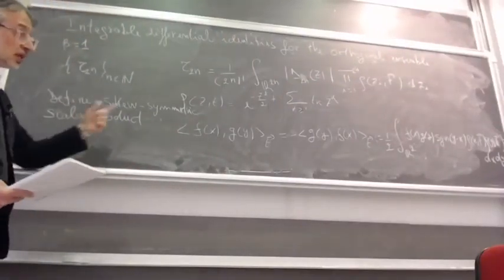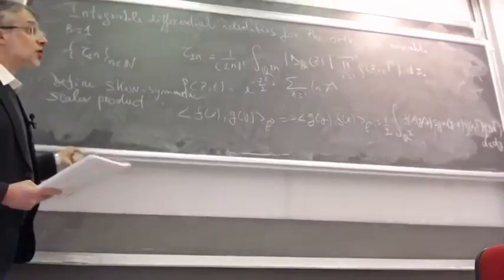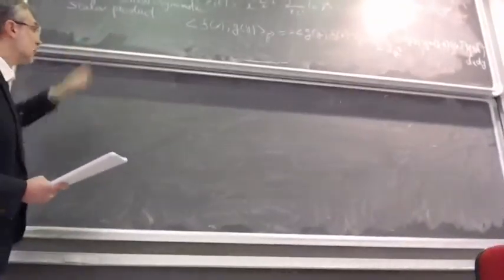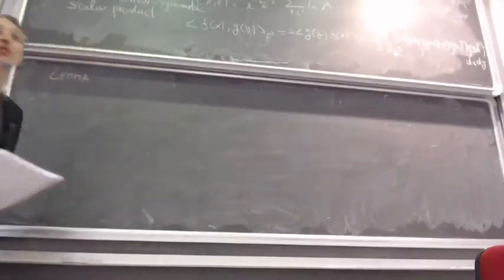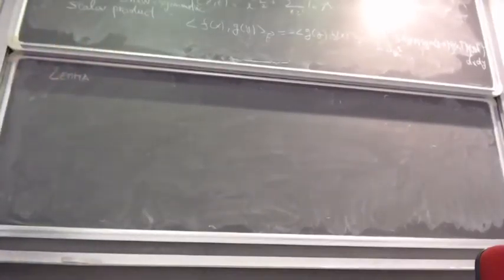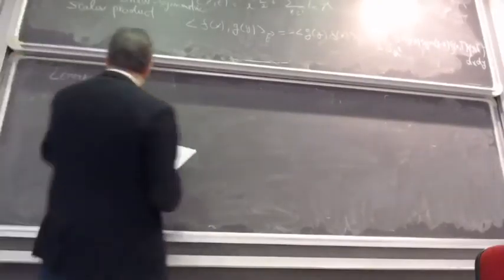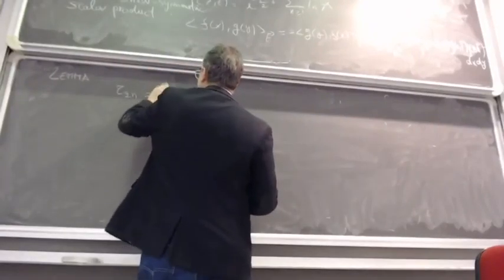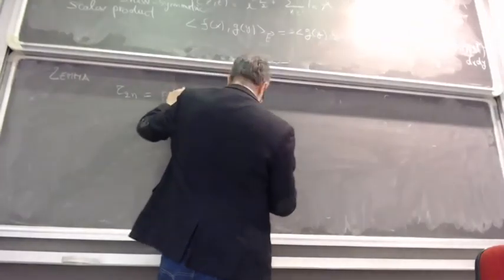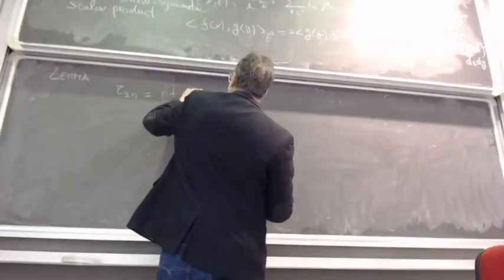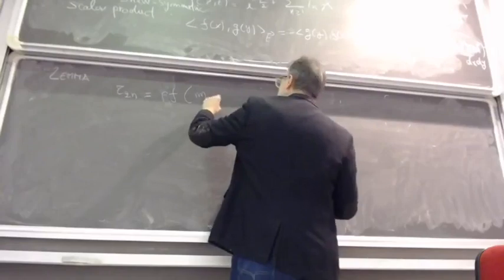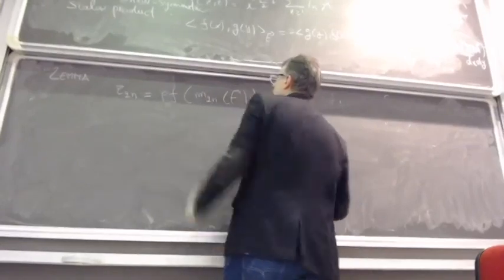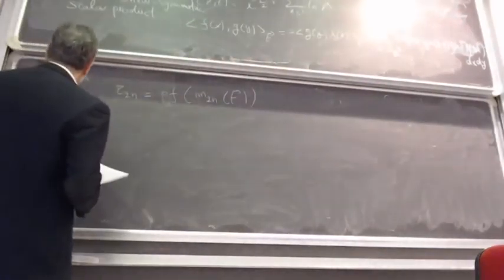And then, with this definition of a skew-symmetric scalar product, Adler and van Moerbeke could prove the analog of the unitary case, where tau 2n is equal to the Pfaffian of the matrix M, the moments matrix M_2n.